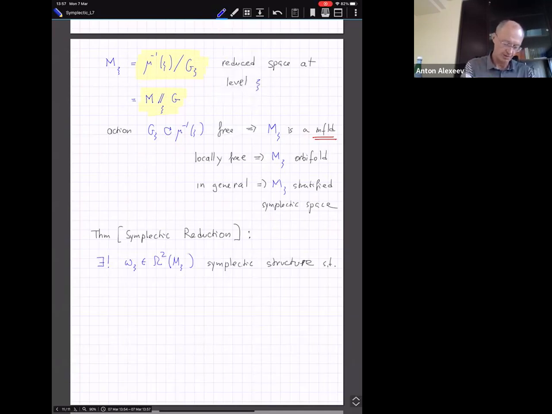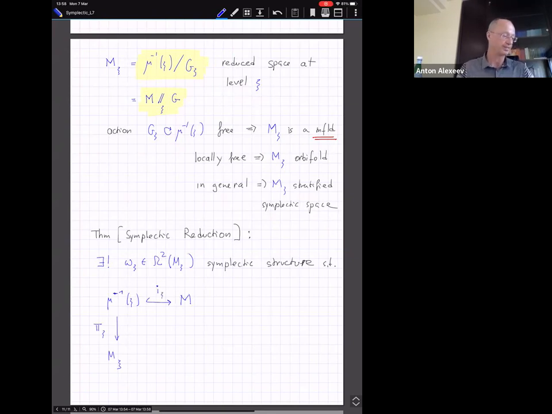And here I draw a famous diagram. There is a fiber of Xi, sitting inside of the manifold M, and it projects to M Xi. Let me denote the projection by pi Xi and the embedding by I Xi.